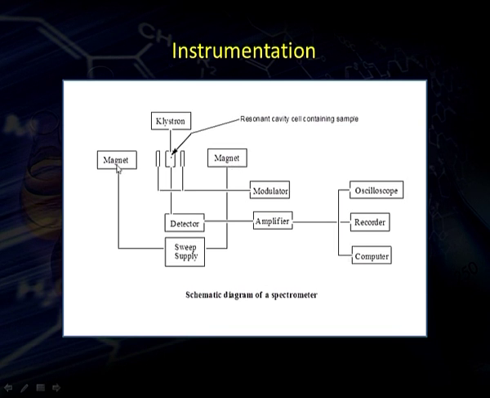We can see from this figure that it is surrounded by magnets all over, and then this cell is connected to the detector. The detector is further connected to an amplifier, which is connected to the oscilloscope, recorder and computer. So, this is basically the schematic diagram of a spectrometer.